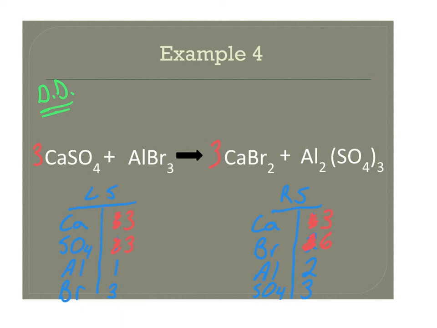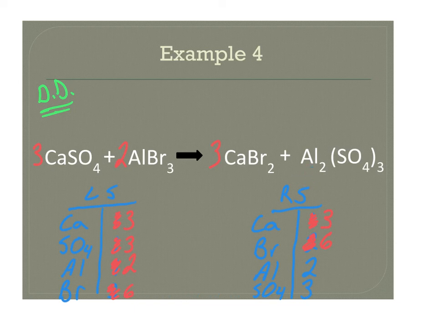Looking at the left-hand side, I only had 3 to start with, and so to get to 6, I'm going to need to multiply or add a coefficient here of 2. And so we're just going to go back and forth and add these coefficients. Well, that gives me my 6 Brs, my 6 bromines, but it also gives me 2 aluminums. When I look back on my product side, I see I already have 2 aluminums.